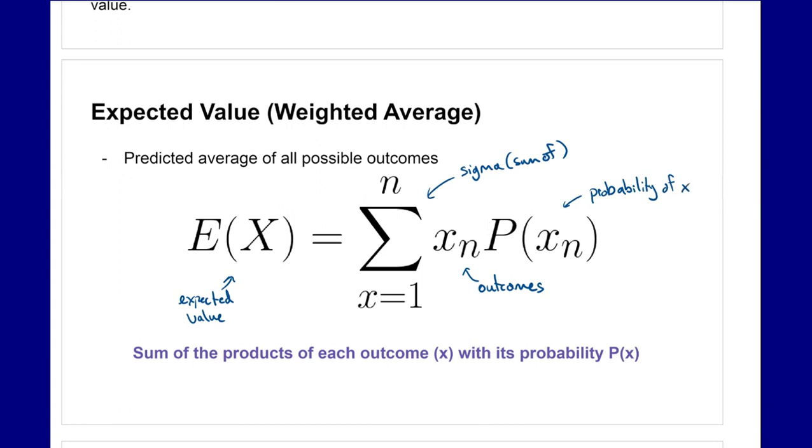We take each outcome multiplied by its probability and add all of those possible outcomes up to get the expected value, or the weighted average, or what we should expect to get.